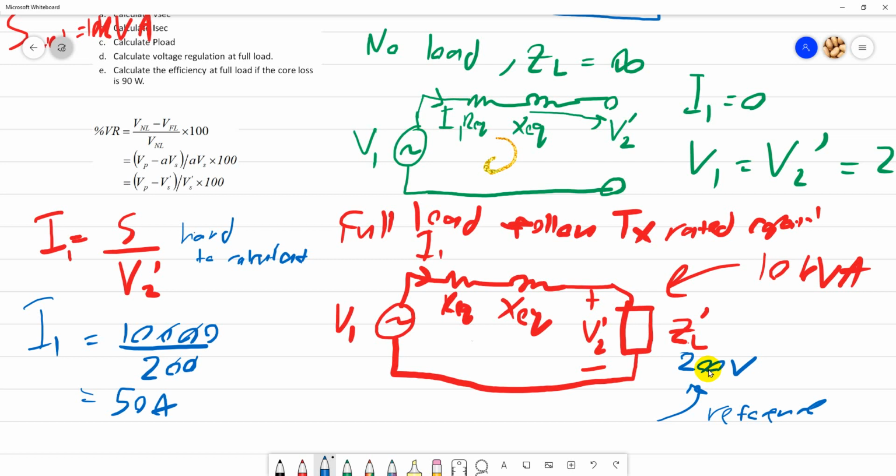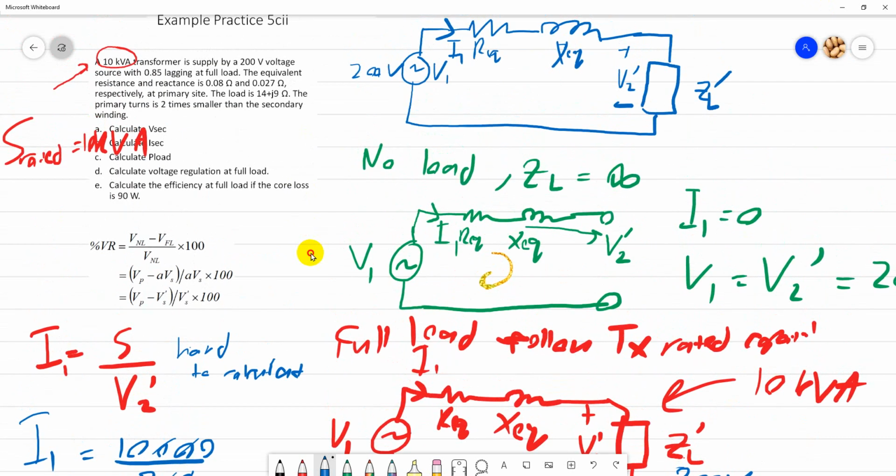The power factor here is 0.85. If you look back here, it is 0.85 at full load.